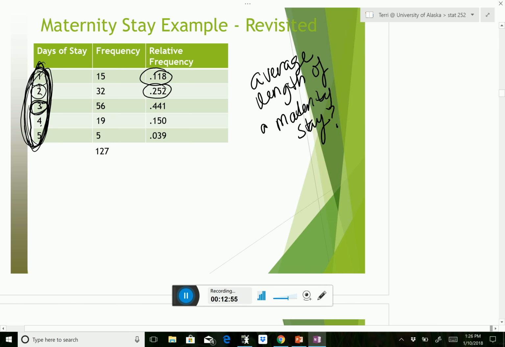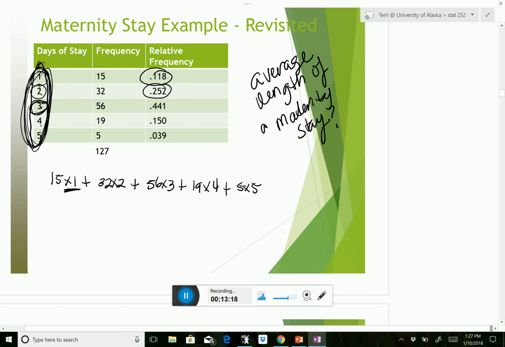So we actually have 15 ones plus 32 twos plus 56 threes plus 19 fours plus 5 fives. So we have to add up all these numbers. We have to add 1 fifteen times.